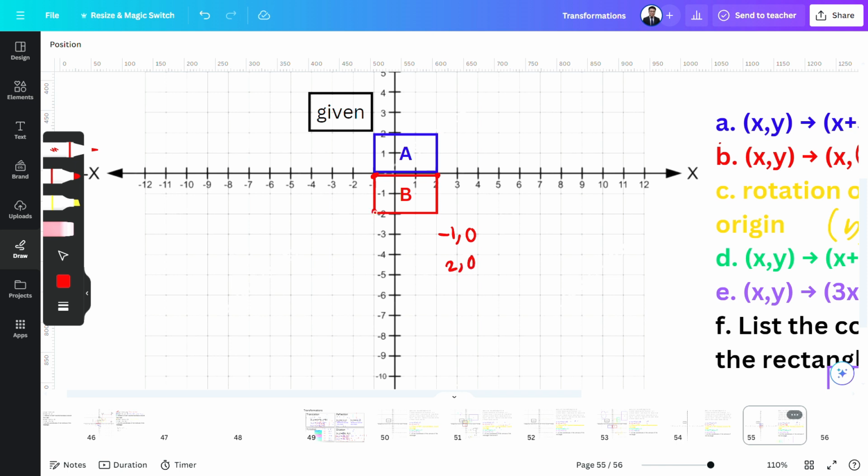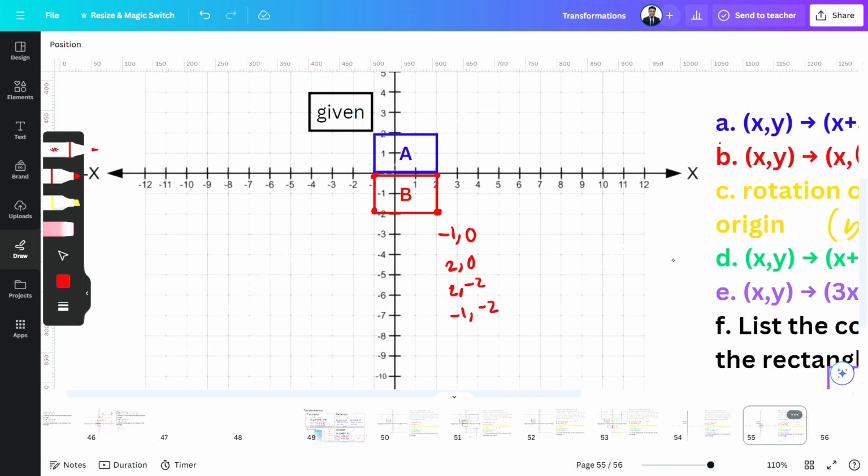Sorry, let's do this one first. This one is 2 comma negative 2. And then, what do we have next? We also have this point here, negative 1 comma negative 2. Okay, I hope we're still clear.